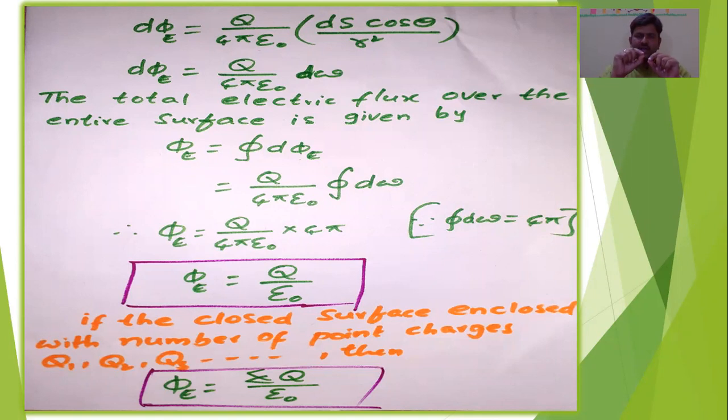Suppose there are 100 point charges inside a closed surface. To calculate the electric field intensity at a point at some distance from these charges, we need to calculate 1 by 4 pi epsilon naught q by r square for each point charge, and then do the vector sum of these 100 vectors. It is very, very, very hard.